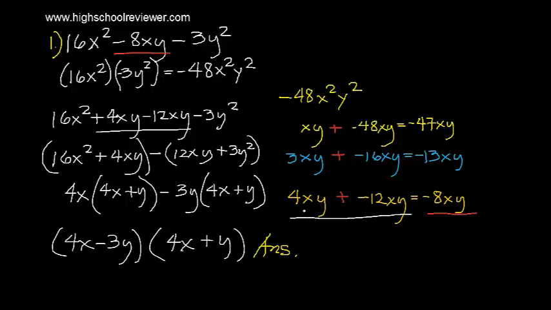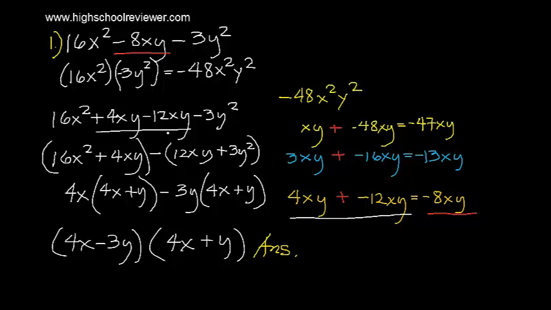As you can see here, 4xy plus negative 12xy is equal to negative 8xy. So it is the same as the second term. And then we can rewrite this equation. Instead of negative 8xy, we are going to use this. Rewriting, we have 16x squared plus 4xy minus 12xy.